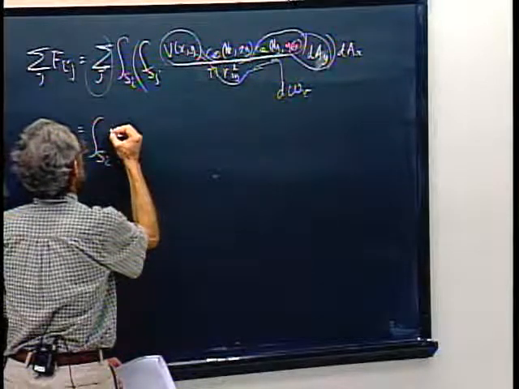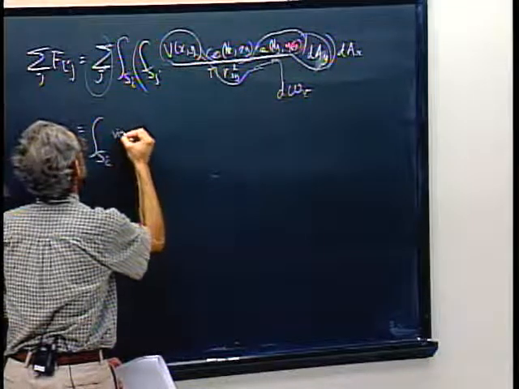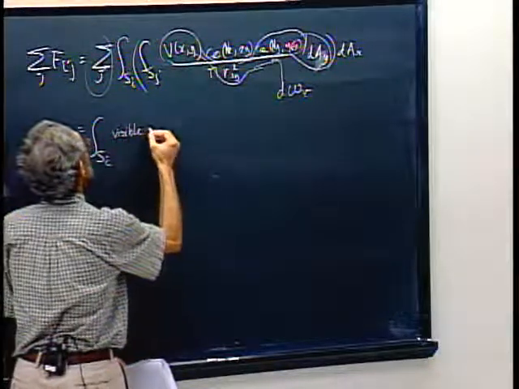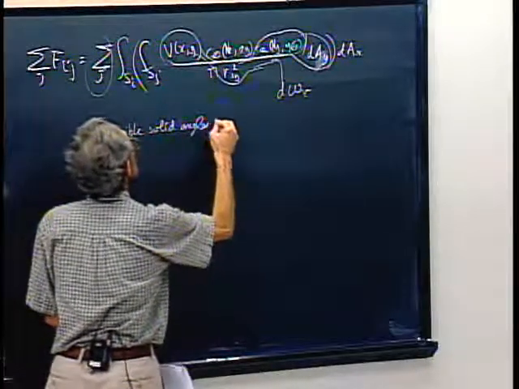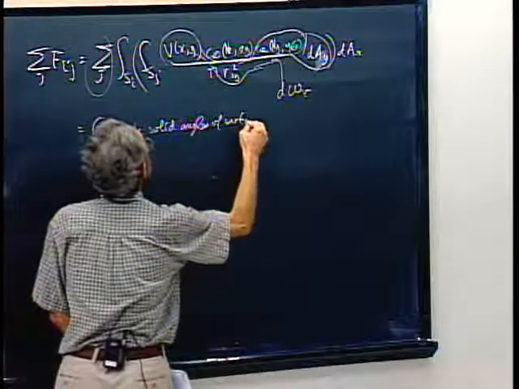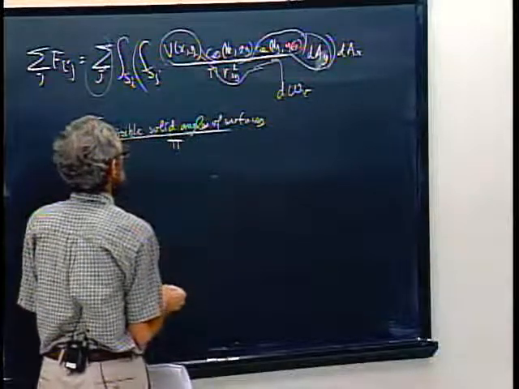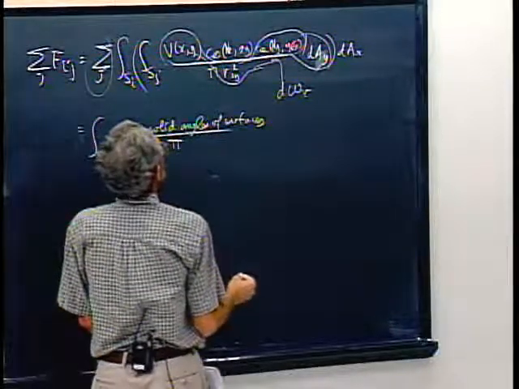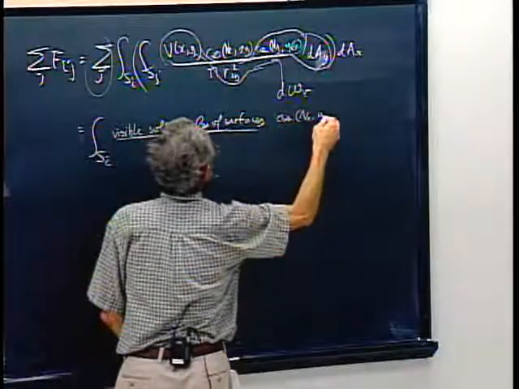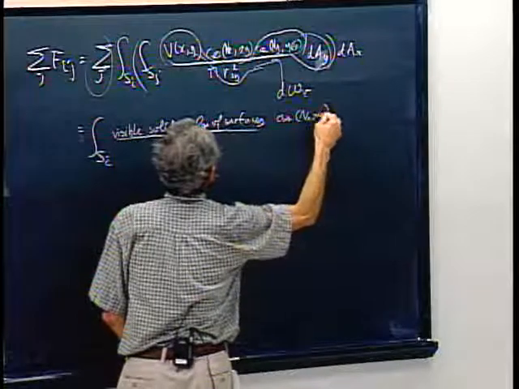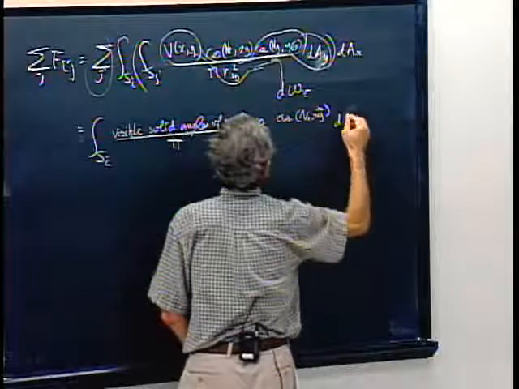This is the visible solid angles of surfaces divided by pi times the cosine n·x, xy, d omega, I'm sorry, dAx.